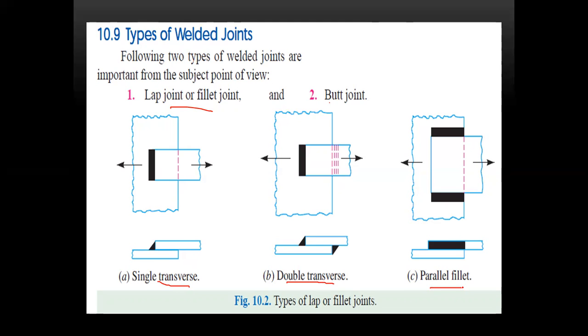So single lap joint, single transverse or double transverse, parallel fillet joint. See here the stresses are forced in this direction, right? Opposite direction, and opposite direction.